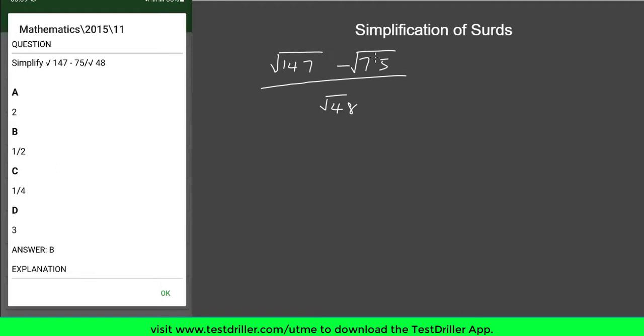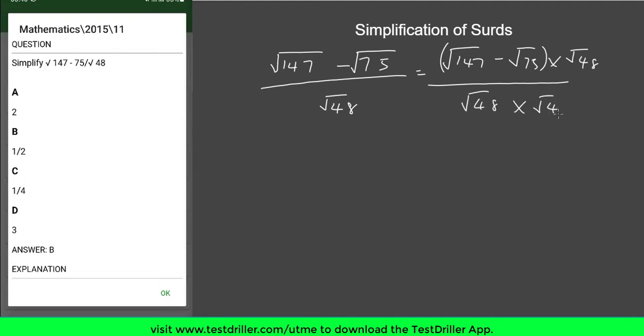In this case, we need to rationalize this problem. Rationalize means we need to make this denominator an integer. For one of the rules, what you simply do is multiply both sides by this. So that means we're going to say (root 147 minus root 75) times root 48, then we have root 48 times root 48.